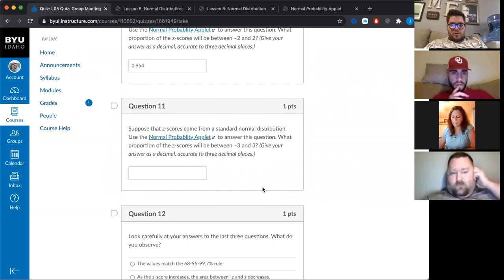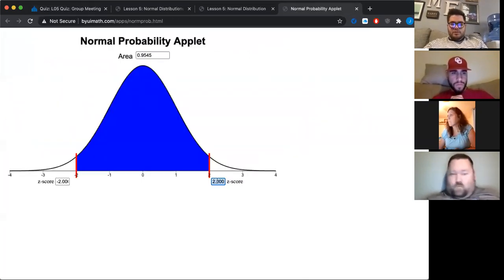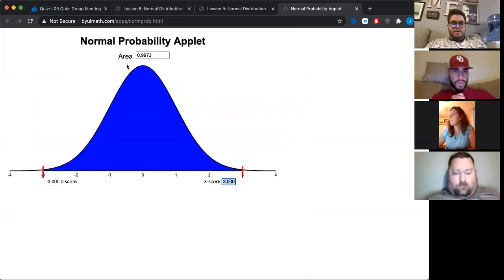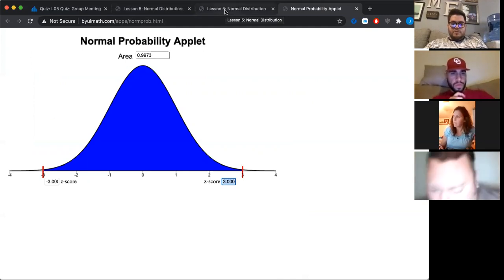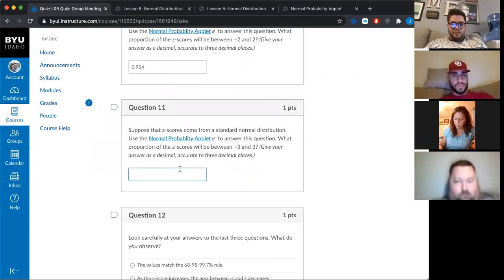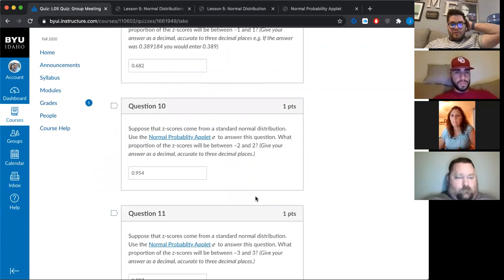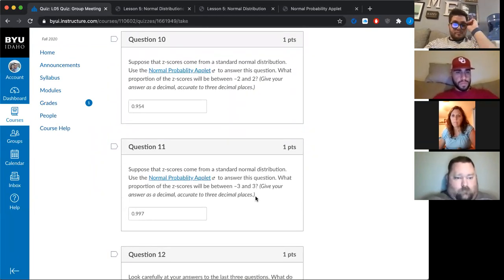All right, and then now we're doing -3 and +3 for the next question. So that is 0.997. So yeah, this was the 68, 95, 99.7 rule, basically, with 3 decimal places.